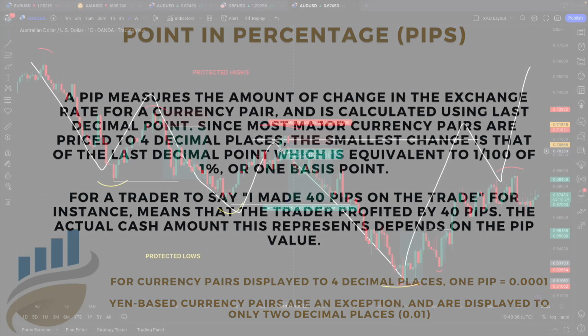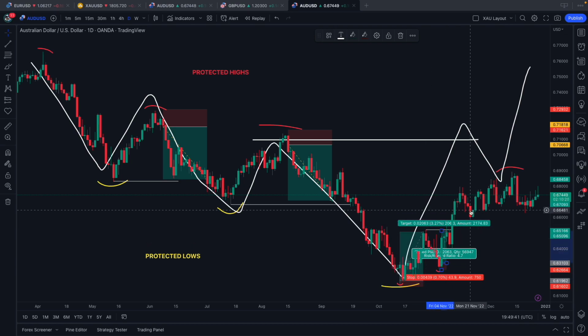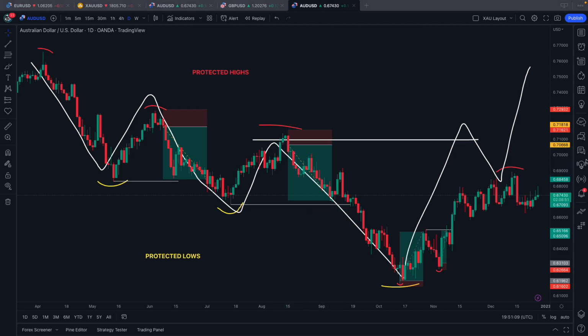Because as we can see on screen, we have great risk to reward ratios with every single trade that I have gone through and given examples on. But you may be wondering, how are they actually calculated? How do we put those in on our phone, on our computers when we place our positions? And how do we know what risk to reward ratio the trade I'm placing is? I'm actually going to go through that in greater detail in our next video.